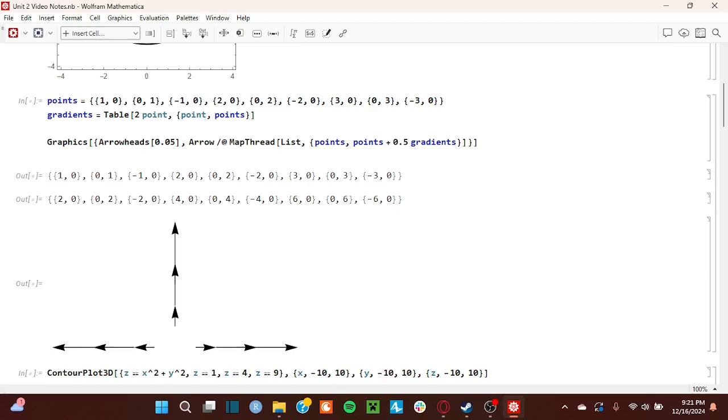From what we can see here, all of the points that we've put in have this sort of gradient, as it's called, but it's an arrow map that shows us that all of the circles are pointing in the outward direction.